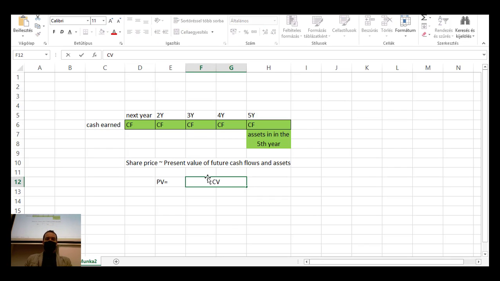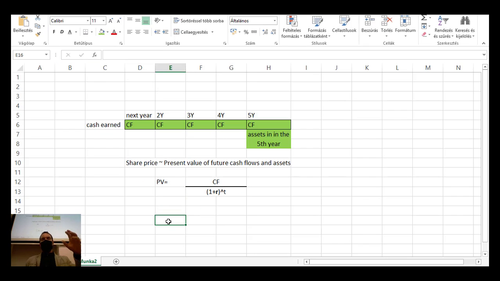So we have all the cash flows here, and as you will learn during the next semester in corporate finance, there is always a 1 plus r to the power of t division here. So actually you have to have an interest rate.